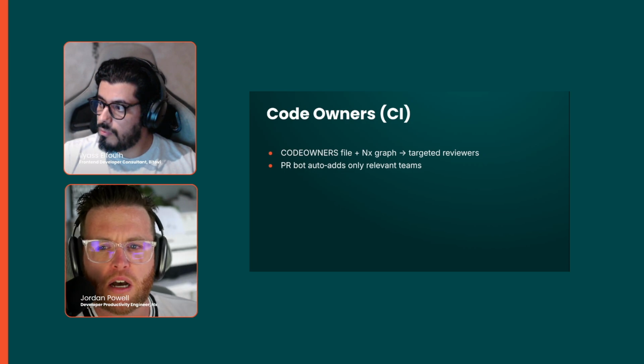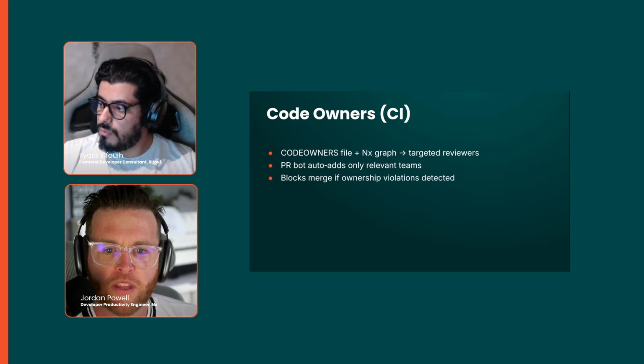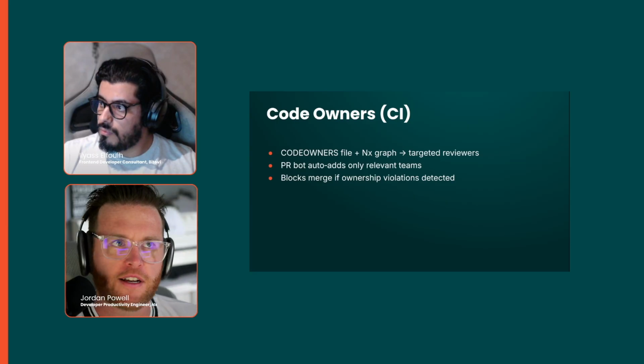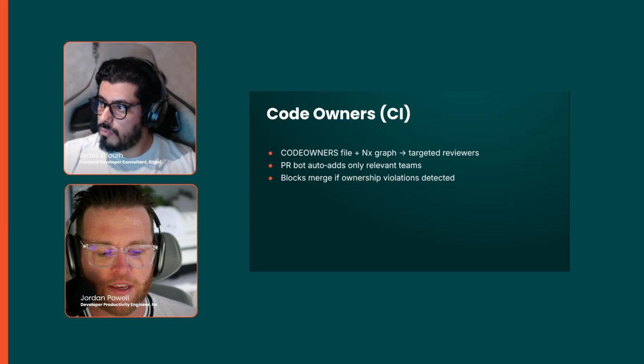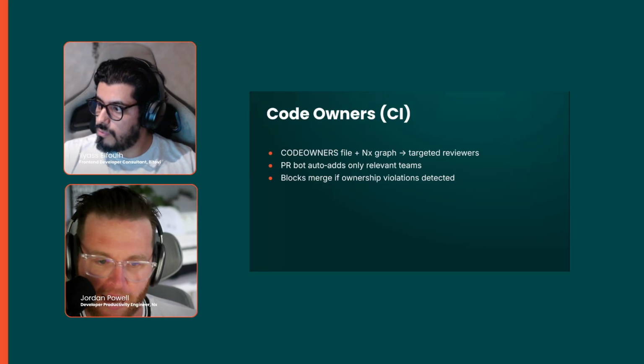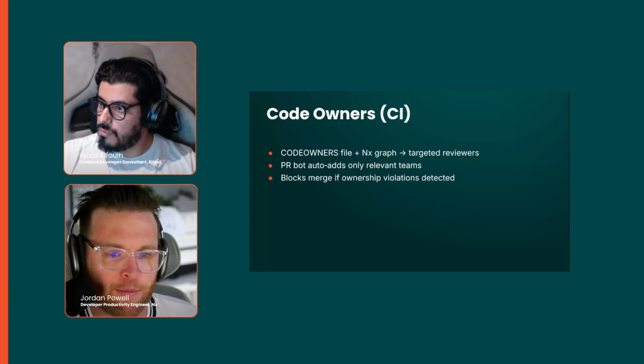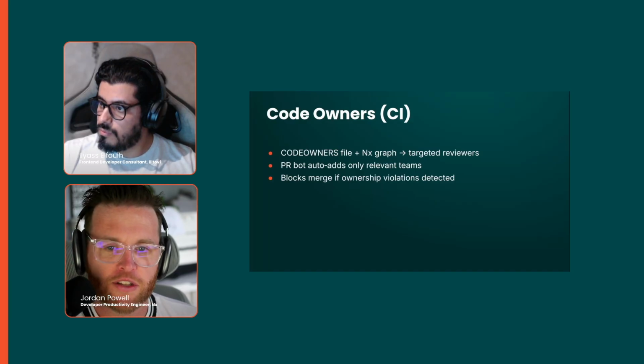On top of this, you can also set up rules. For example, you could set up a rule, and I'll show this, that says the front end can never import from something owned by the back end. Maybe you want them importing through some shared library that both of them can use.